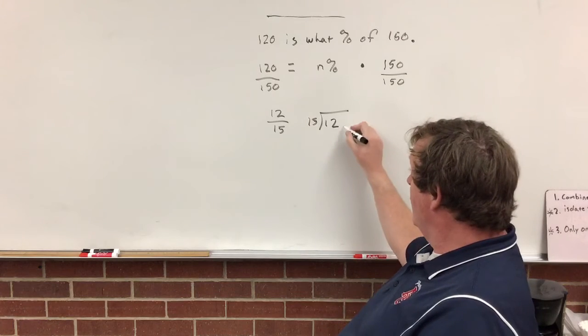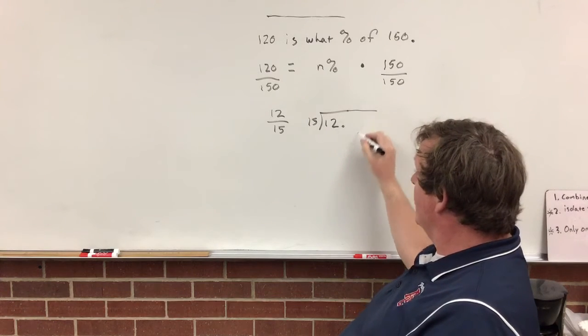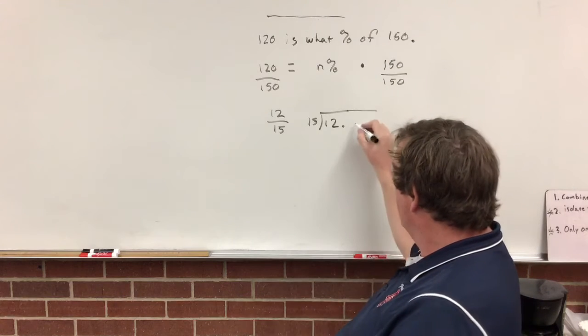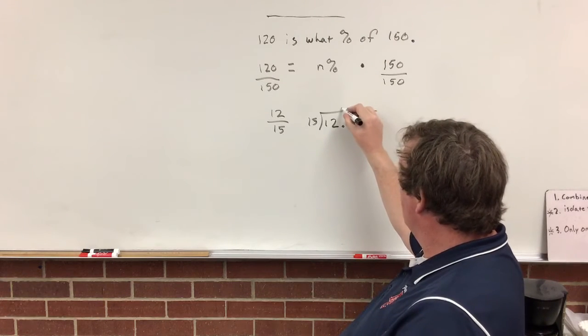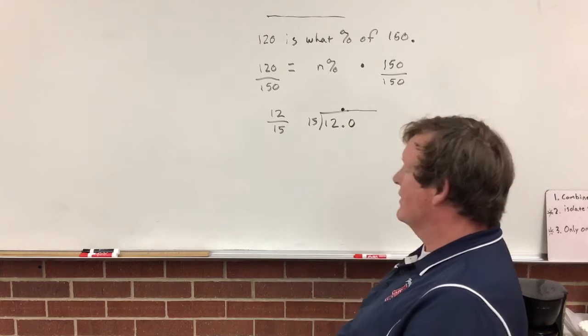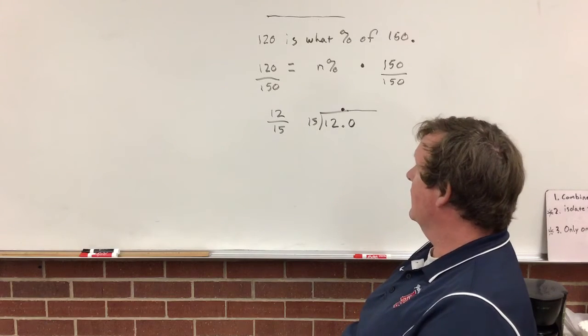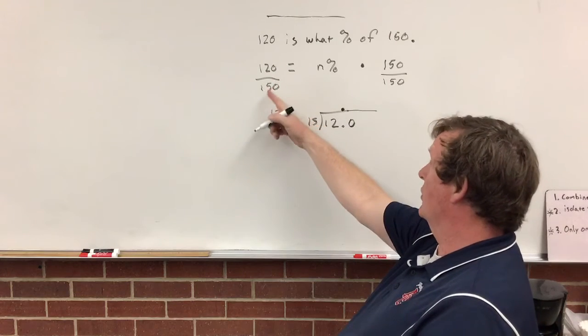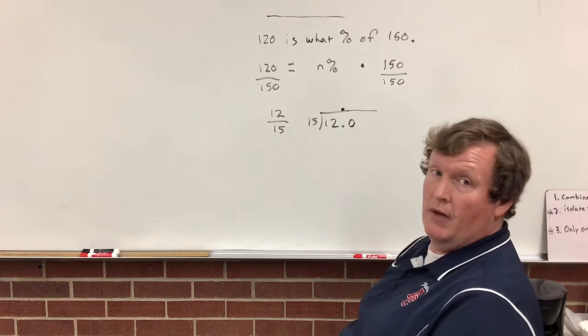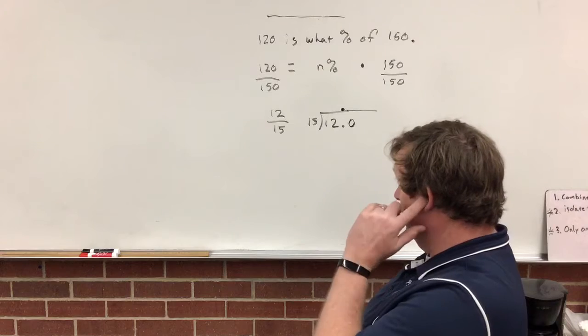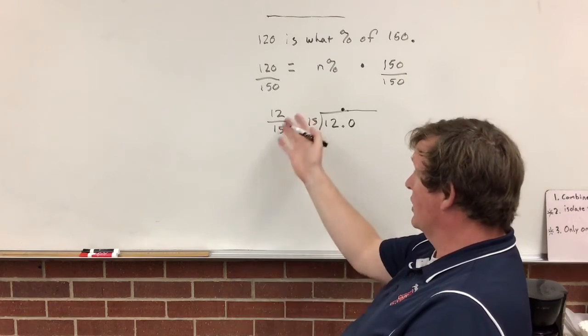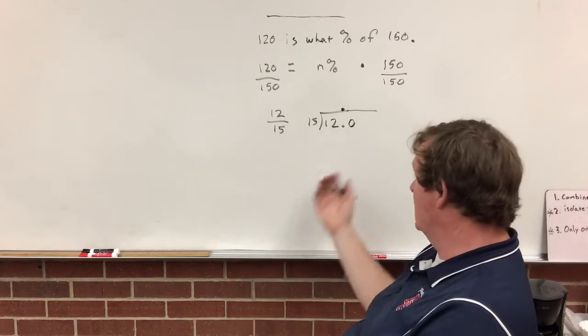I notice right away, this one's going to have a decimal answer. Okay? So I add a decimal, add a 0, and then I say, how many times does 15 go into 120? A lot smaller than if you were doing 150 into 1200. That's why I reduced it down. You could have reduced it down even further if you wanted to, but this is good enough for me.